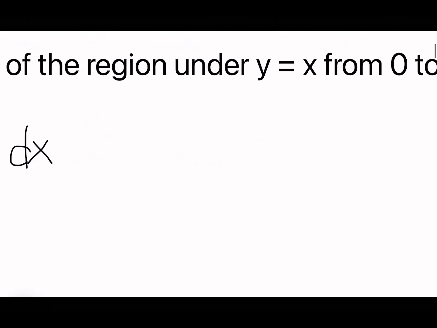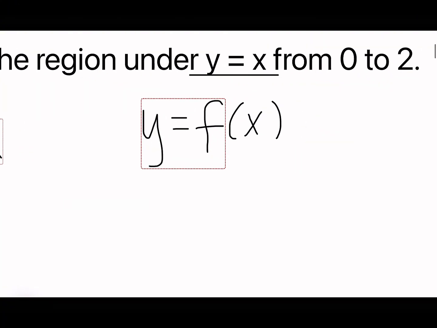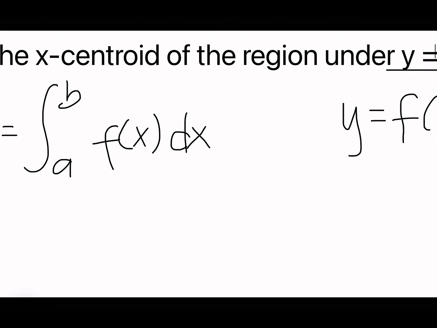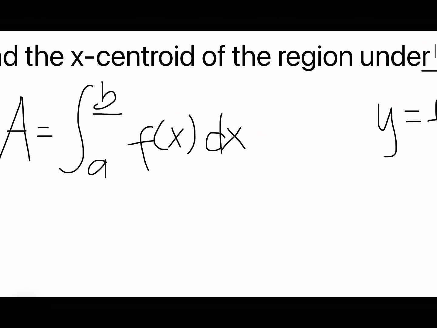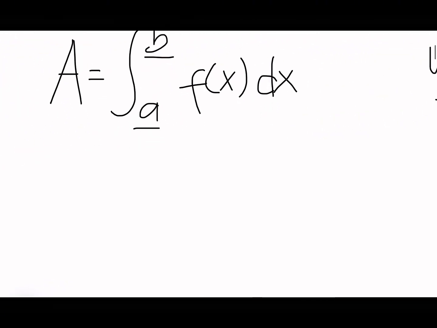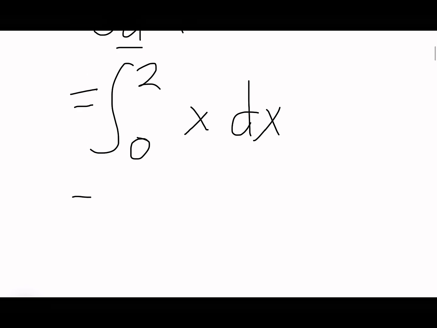We all know that y equals f of x, and based on our problem, y equals x, so f of x equals x. We're going to substitute this to our formula, and we also need to substitute our limits of integration from 0 to 2. So now it's going to be the integral from 0 to 2 of x dx.